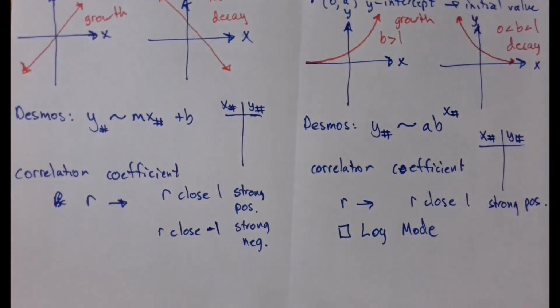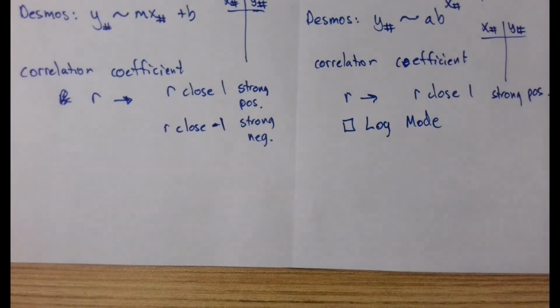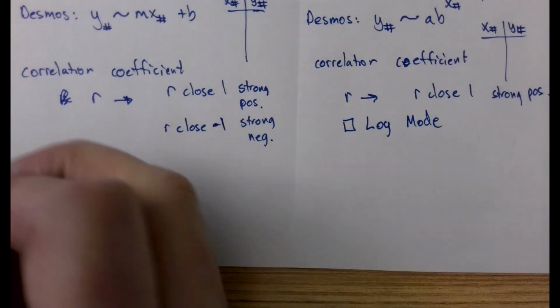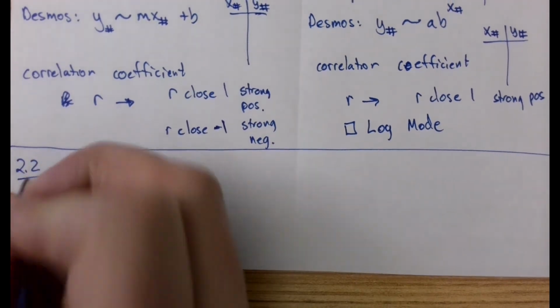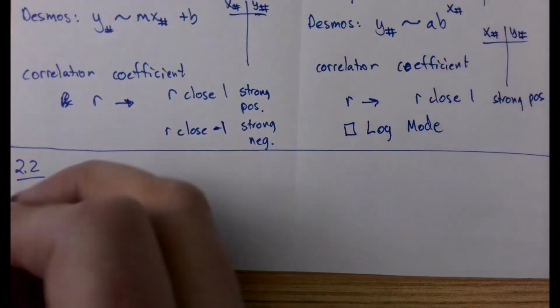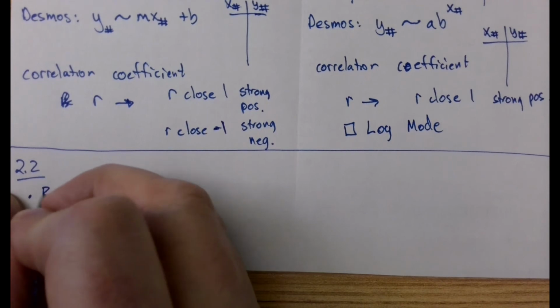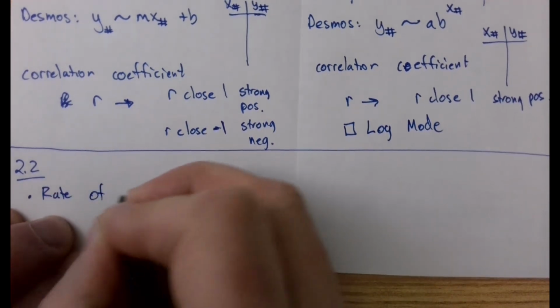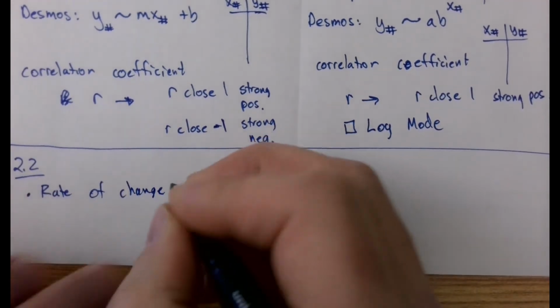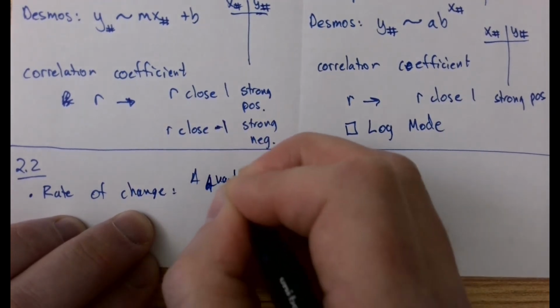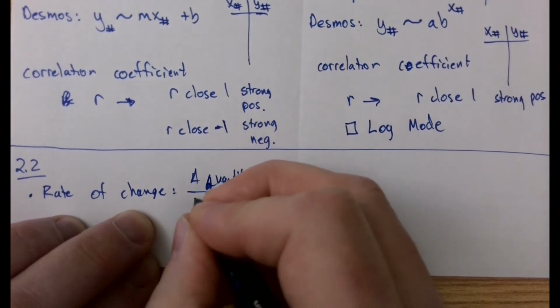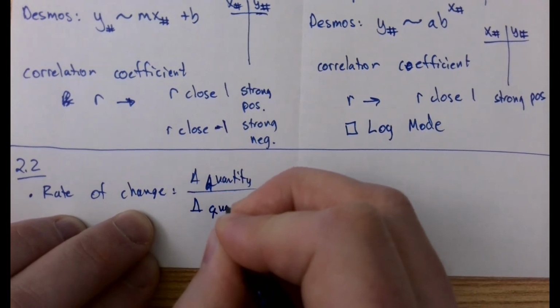All right, the final thing from Unit 2 that we did is the 2.2 section, which is talking about the average rate of change. And the main thing we got there was, well, we defined rates of change as change in one quantity divided by change in another quantity.